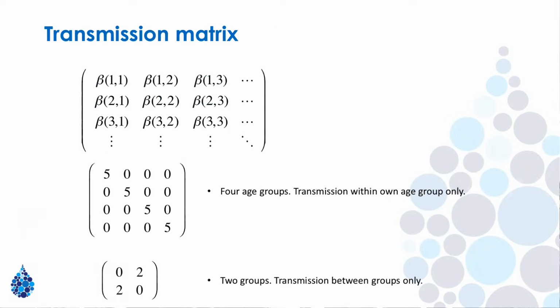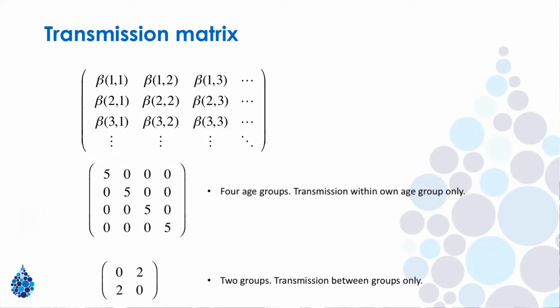If we've got a matrix like this, this is giving our transmission rate between age 1 to age 1 or age 2 to age 1 and so on. We've got a lot of flexibility here. We've also got a lot of parameters. So either we want to make some assumptions or we want to estimate those. We could have something like this, and again, you'll be exploring this in the practical.